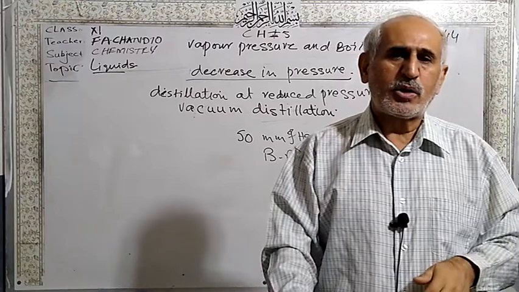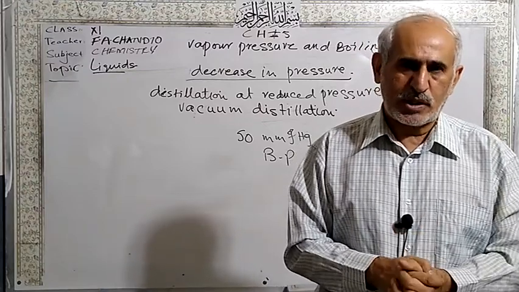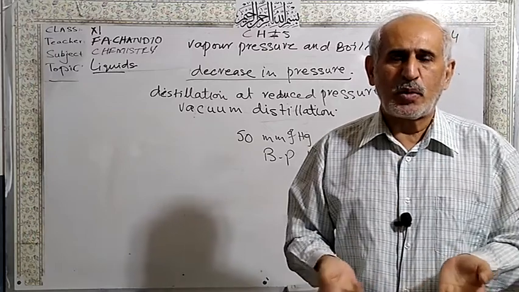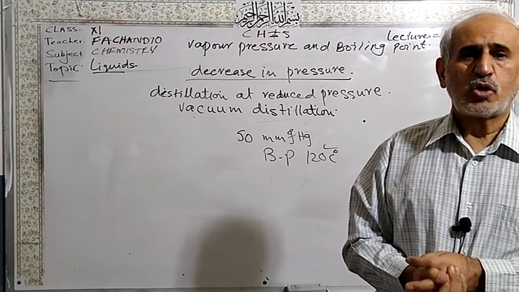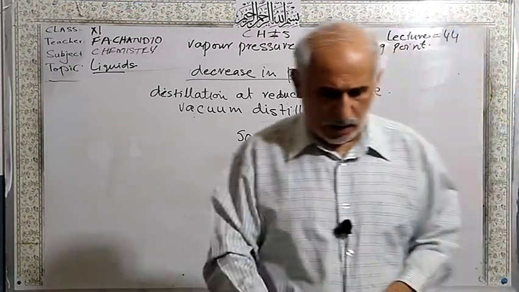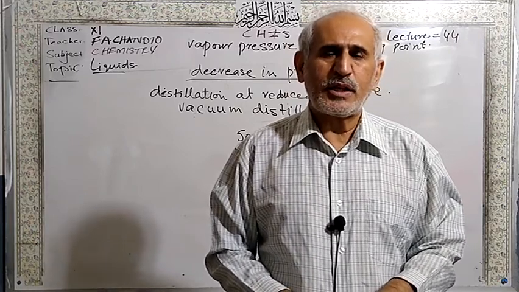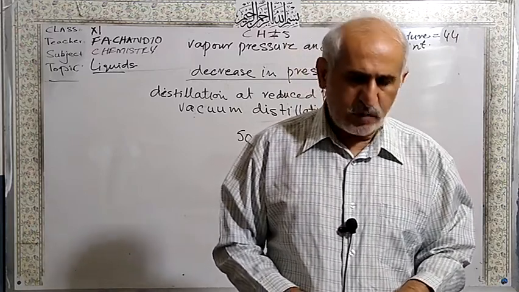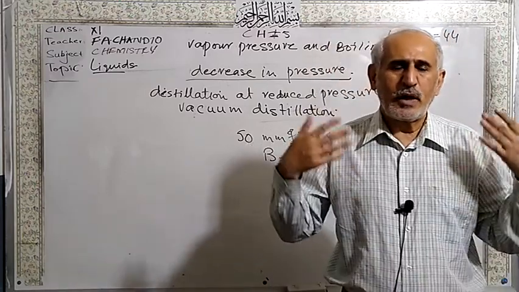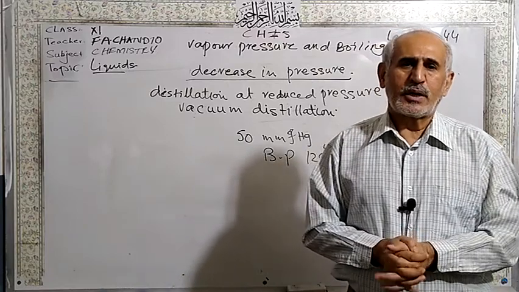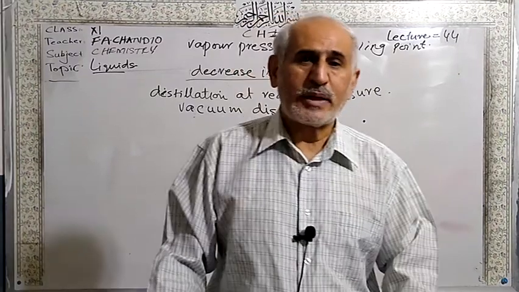So we are unable to separate impurities from the glycerine at normal pressure, because before reaching this boiling point at normal pressure, it is going to be decomposed. So we decrease the pressure to 50 millimeters of mercury. The boiling point of glycerine decreases to 120 degrees centigrade. So at reduced pressure the boiling point also decreases, and we can purify glycerine from its impurities.